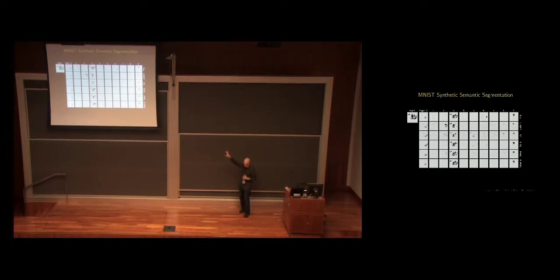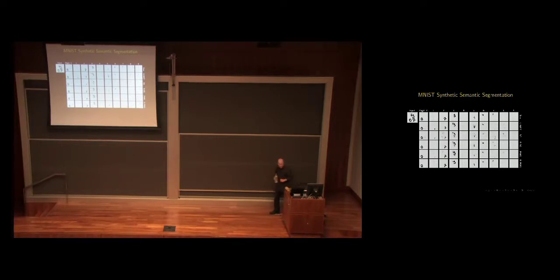So all the 3s should end up in the 3 channel, all the zeros should end up in the 0 channel of the output. The top row here is the ground truth desired output, and then we have the UNet output, single grid, residual single grid, and then progressive multigrid and residual progressive multigrid. Essentially, the multigrid variants are getting better accuracy on this task as compared to all of the standard designs.